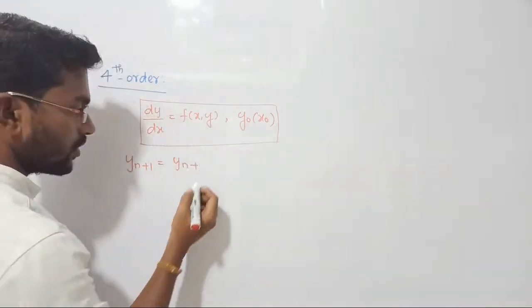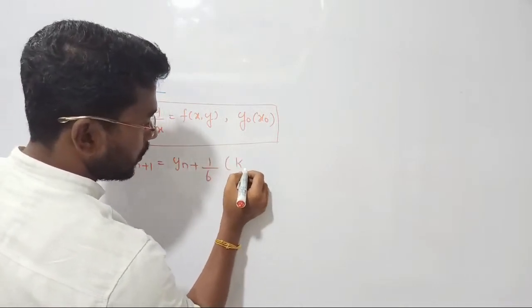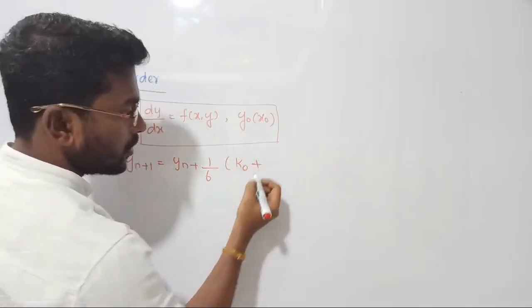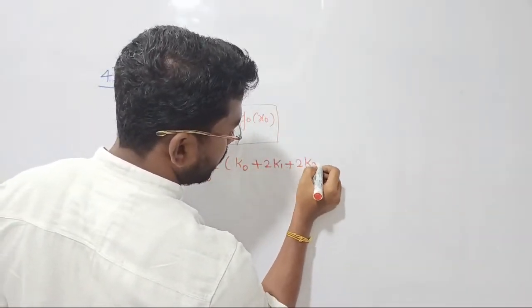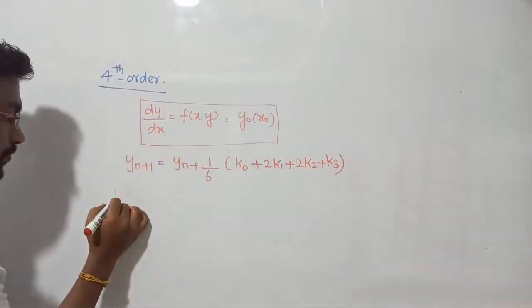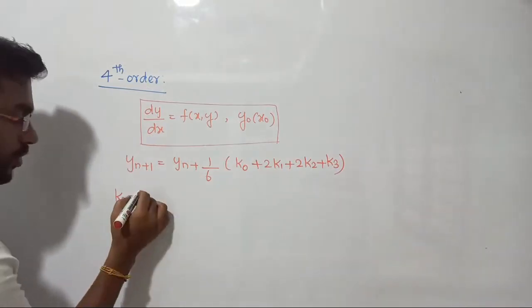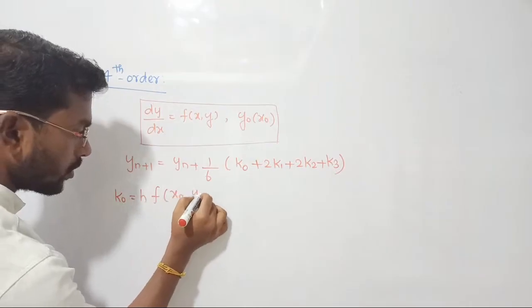That is not good. Let me write step by step. Let's proceed. That is 1 by 6, k naught plus 2 times k1 plus 2 times k2 plus k3. Clear? So let me write k naught equal to, once again, h into f of x naught comma y naught.